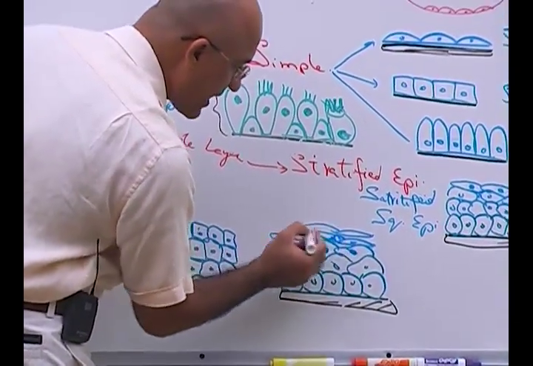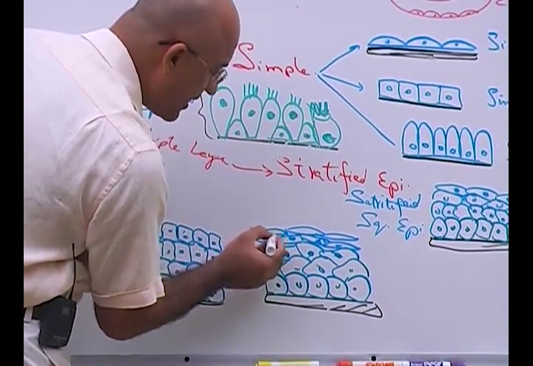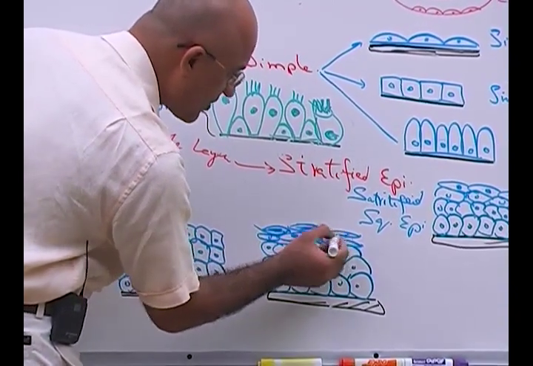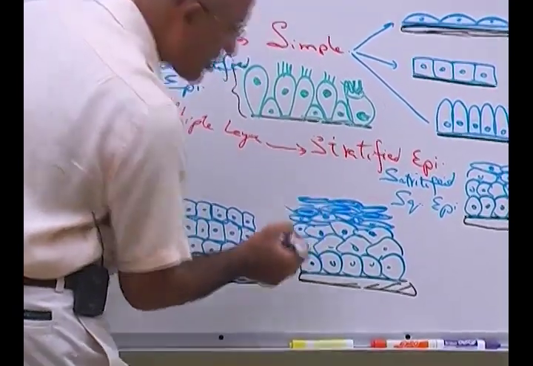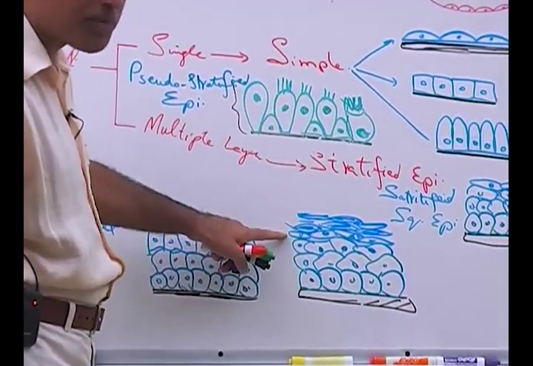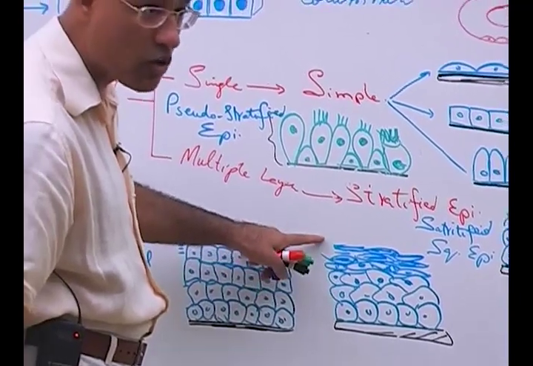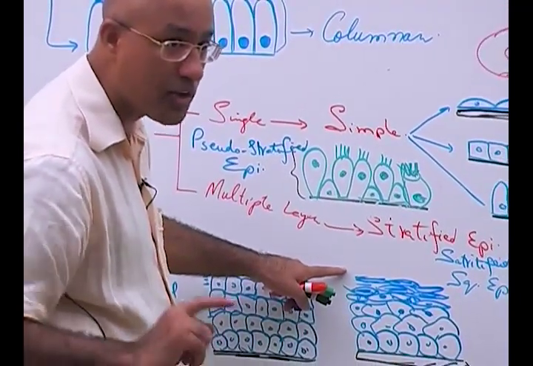These cells are very flat and they do not have nuclei. They are just full of keratin.